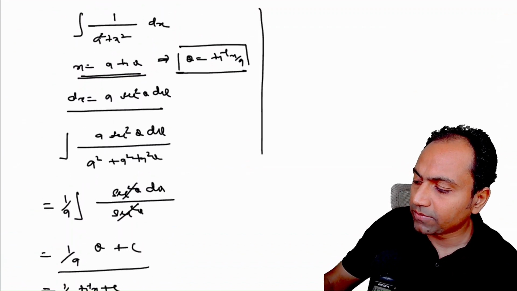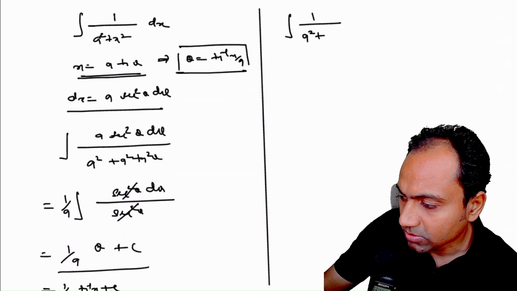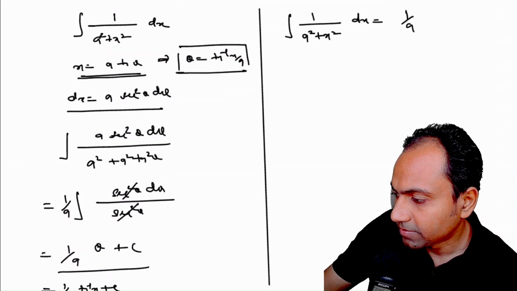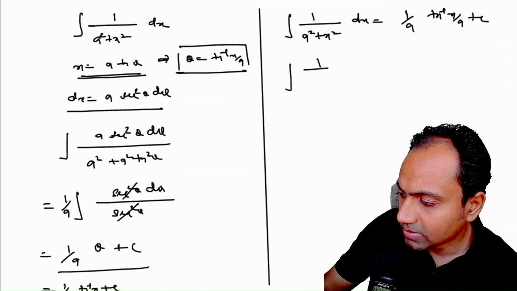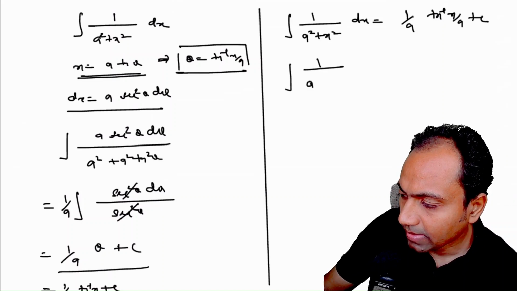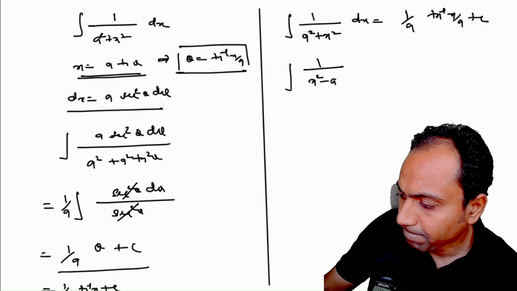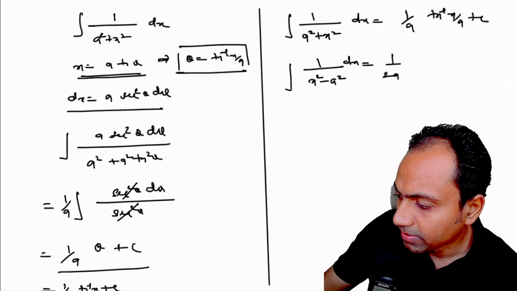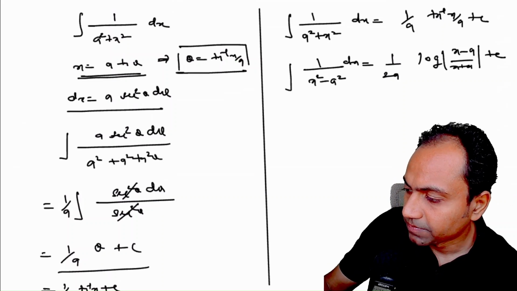If we have this form of 1 by quadratic, one very important result we have already figured out is the integral of 1 by a square plus x square dx, which is 1 by a tan inverse x by a plus c. Another is if we have 1 by x square minus a square, then the answer becomes 1 by 2a log of modulus of x minus a by x plus a, plus c.